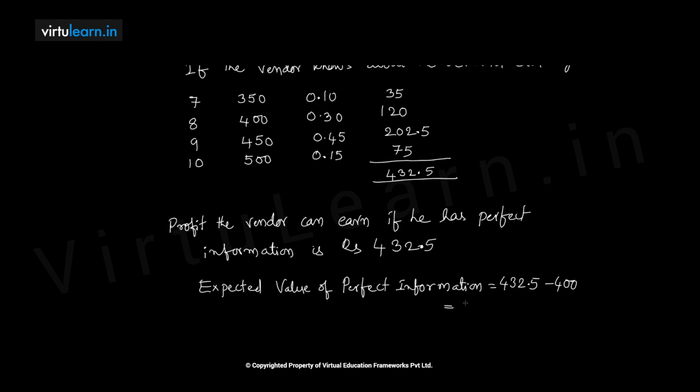That means it is 32 rupees 50 paise. So this is the value of information. This is what we call that as expected value of perfect information.